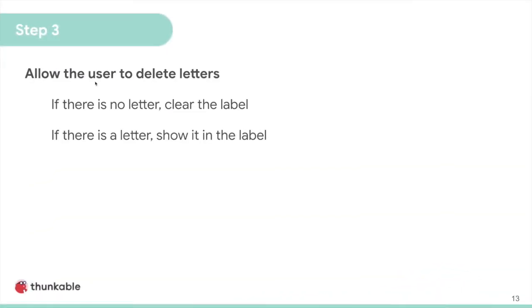Now that we have individual guesses set up, we want to allow the user to delete letters from their guess. So again, 2 different possibilities. If there is no letter, we want to clear out that label in the grid. If there is a letter, then we want to show it. And again, very similar to what we saw in the first step, you want to use the if, do, else block.